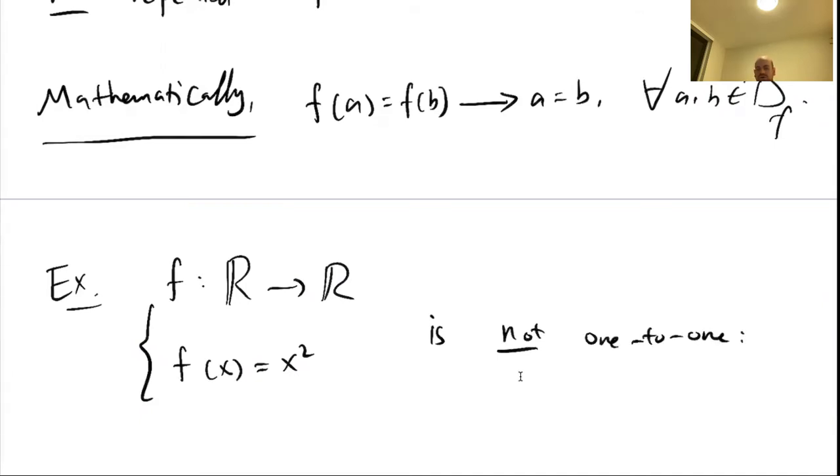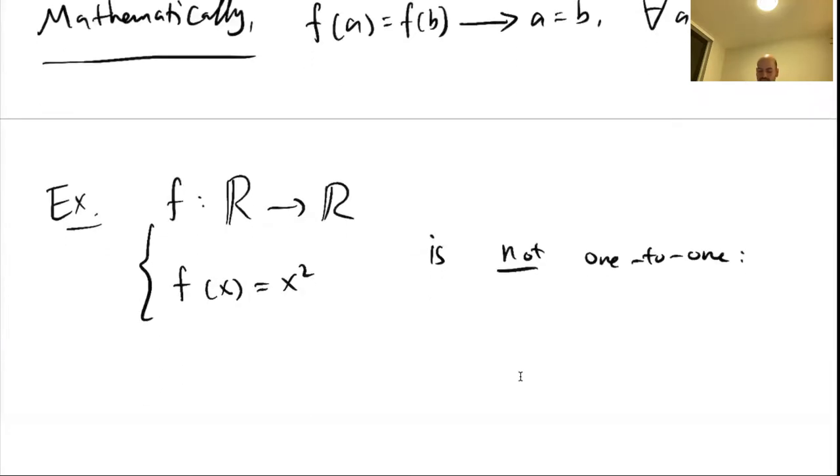Why is it not one-to-one? How can I show it's not one-to-one? If I can find two different inputs with the same output, then that means I have a repeated output, and therefore I will not have a one-to-one function. Which two different inputs here have the same output?